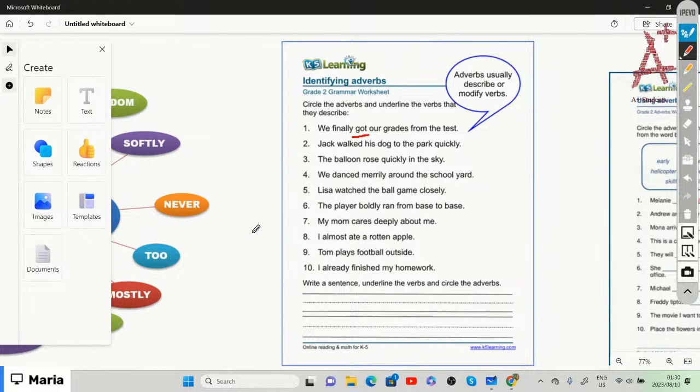So now we need to circle the adverb. But before we circle the adverb, we are first going to underline all of the verbs in the activity. Then we will go back and circle our adverb that either tells us about the verb or describes the verb, if we should put it that way.